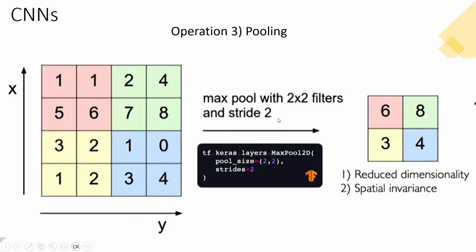We usually use max pooling, which means we get the maximum value inside a given region. For example, we right now have a 4x4 matrix.